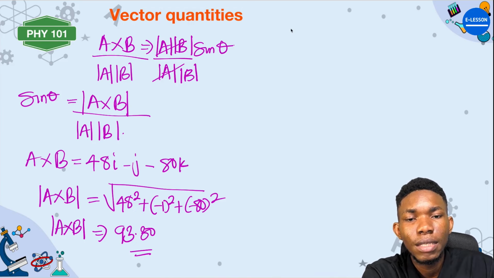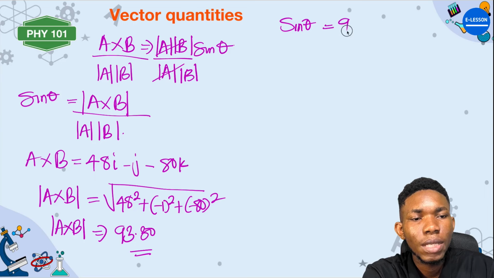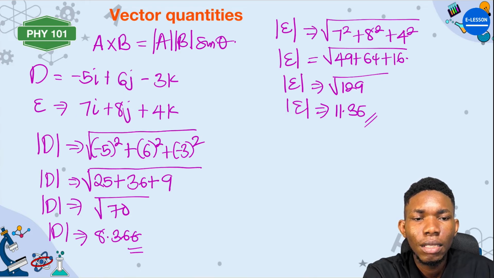So my dear students, it means our sine theta will be equal to 93.30 divided by magnitude of A. Okay, this is D in this case.